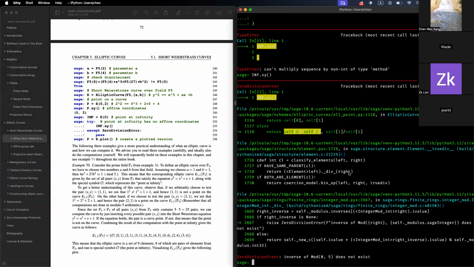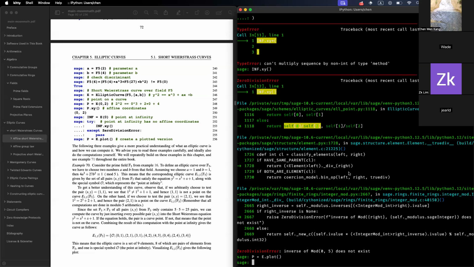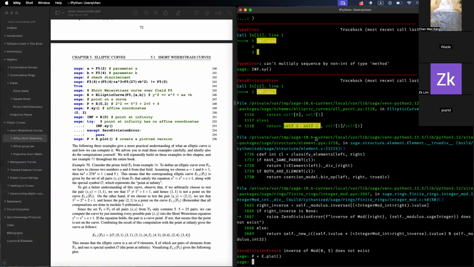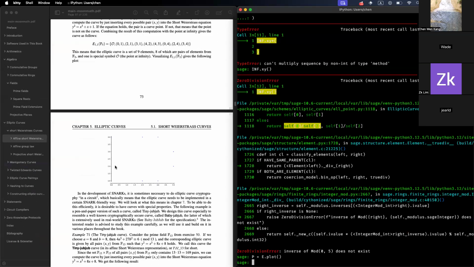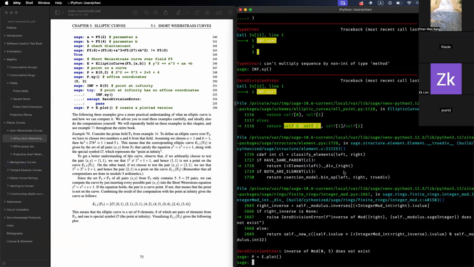So yeah, let's look at the plot, shall we? E dot plot. Ooh. Where is my plot? Where has my plot gone? That is a very interesting question.